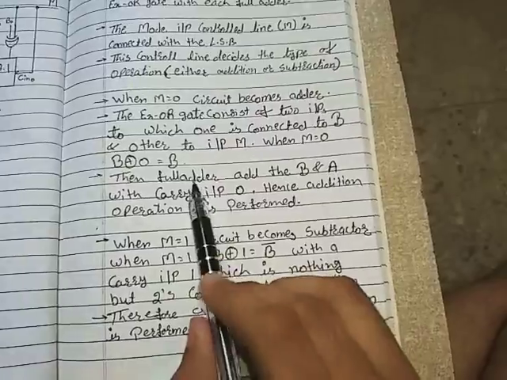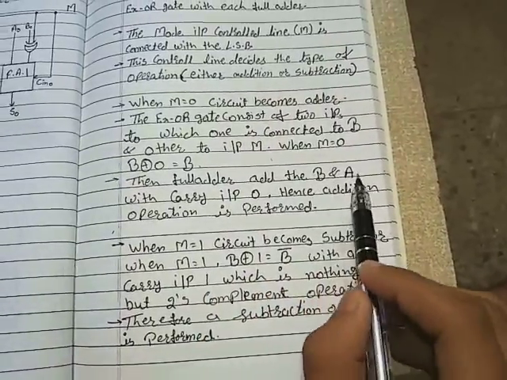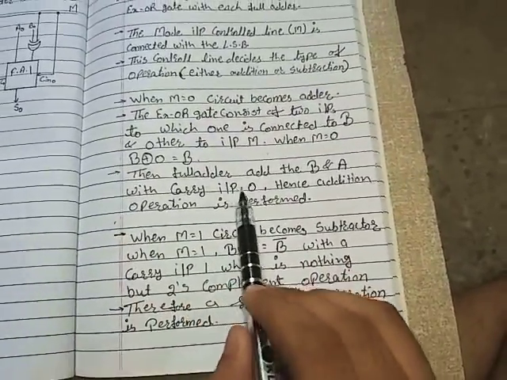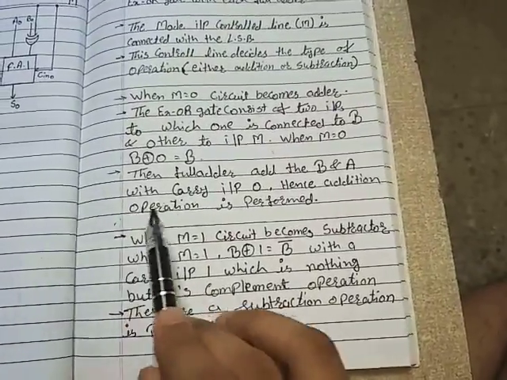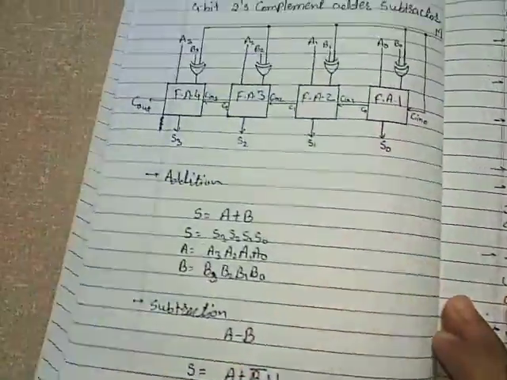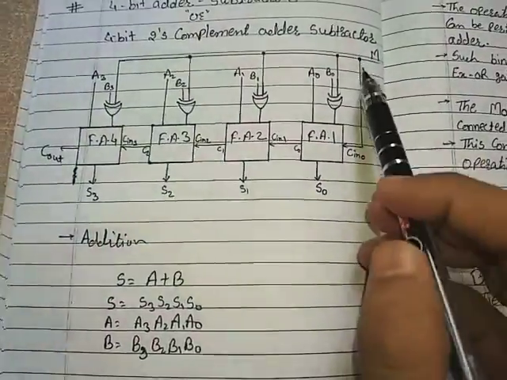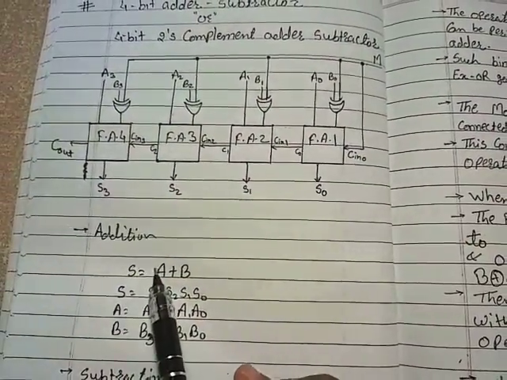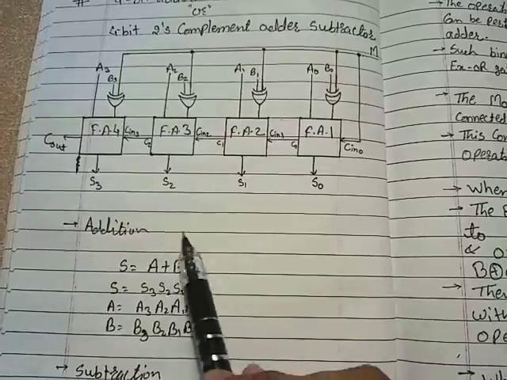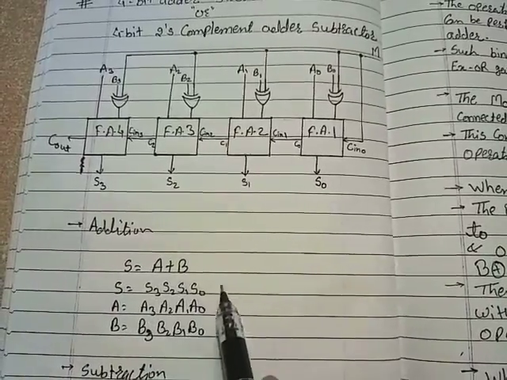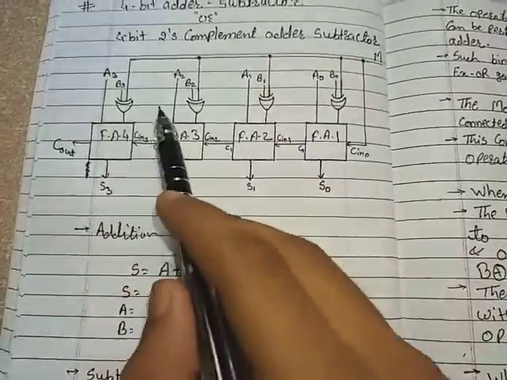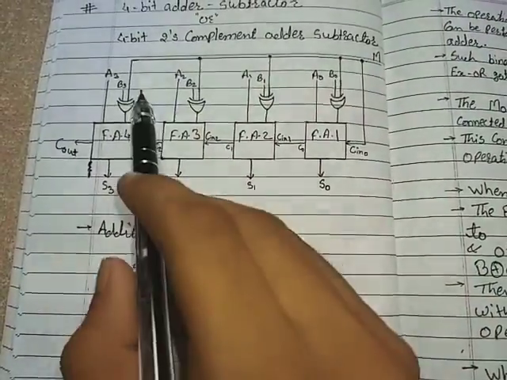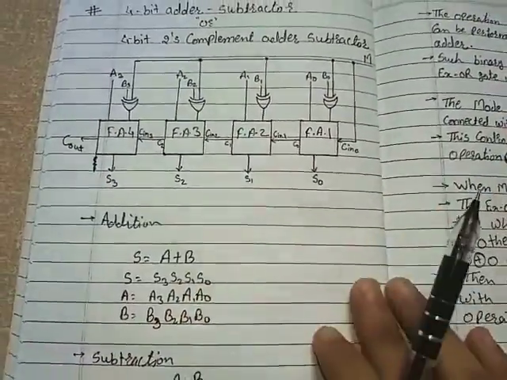Then the full adder adds B and A with carry input 0, hence the addition operation is performed. S is equal to A plus B, where S is equal to S3, S2, S1, S0, A is equal to A3, A2, A1, A0, and B is equal to B3, B2, B1, B0.